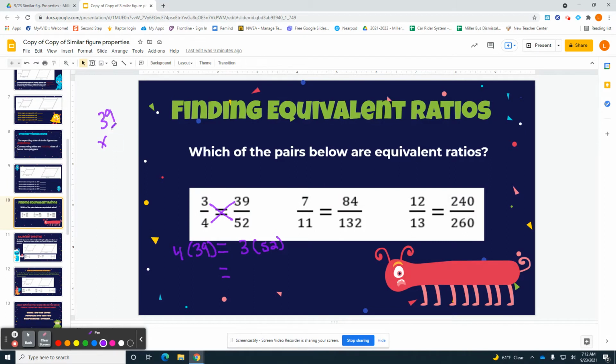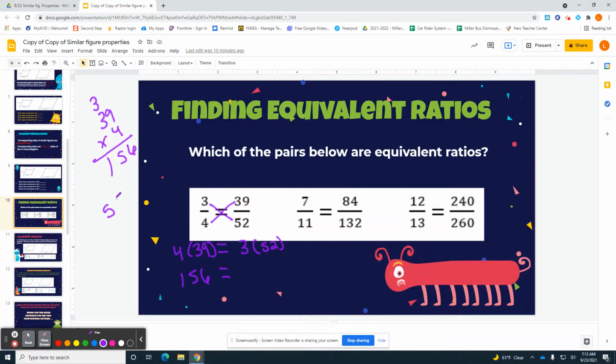39 times 4. So 4 times 9, 36. Carry your 3. 4 times 3 is 12 plus 3, 15. So that gave us 156. So now let's try it with 3 times 52.